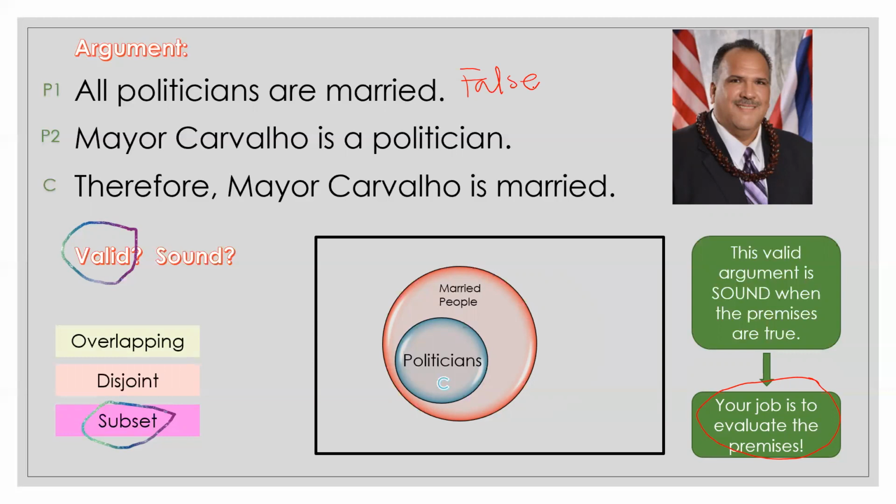A sound argument is one that is valid and has true premises. Now, how do I know it's false? You can go and Google it. I'm sure there's a list of, I don't know, the top 10 bachelor politicians for you to look at. But we know from common sense that not all politicians are married, right? So it is not sound. Okay, that is it for today.